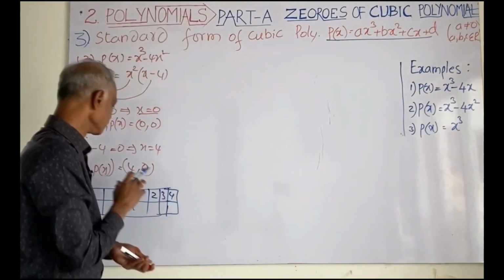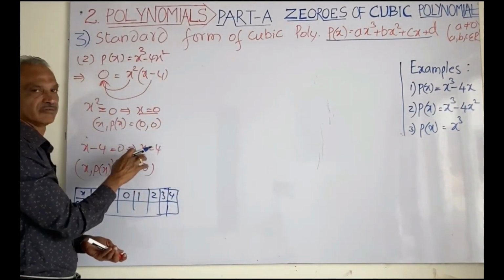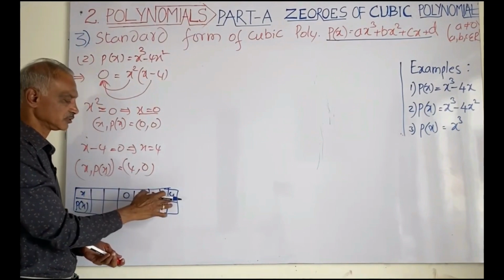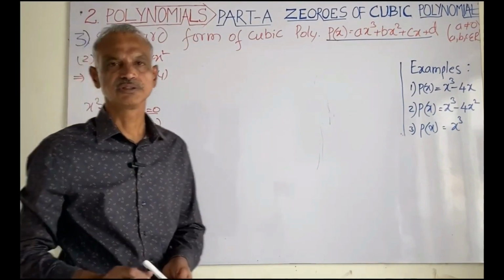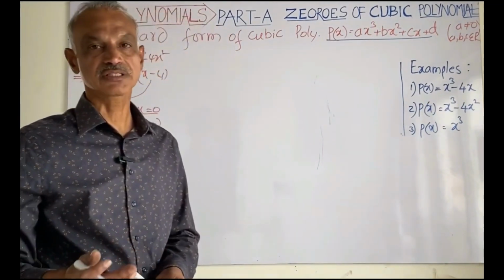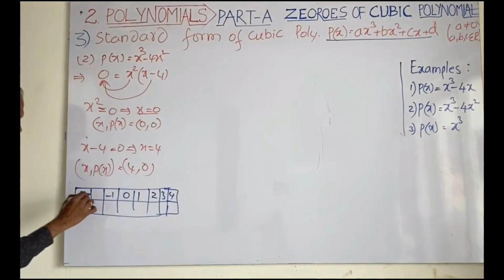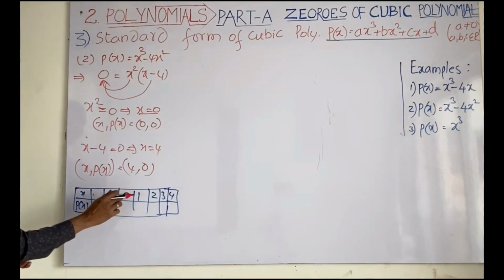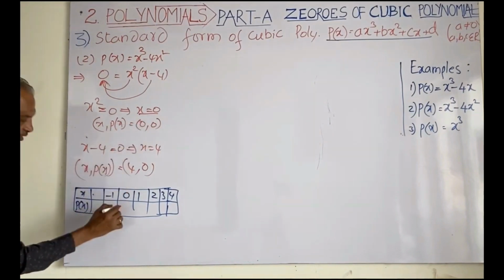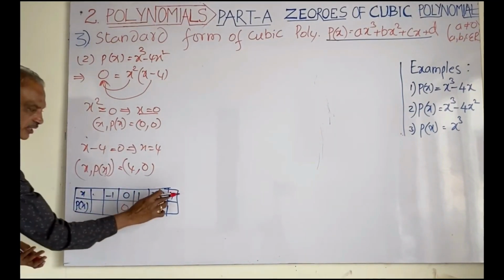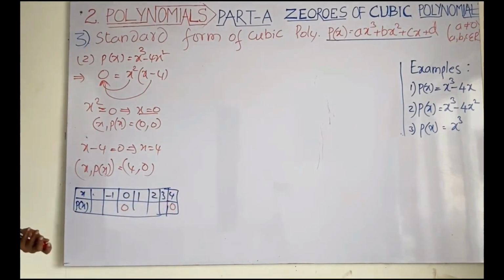The zeros are 0 and 4. Up to 4 you have to take, because 4 is a zero of the polynomial. Next I will take minus 1. When it is 0, you will get y coordinate 0. When it is 4, definitely you will get 0.